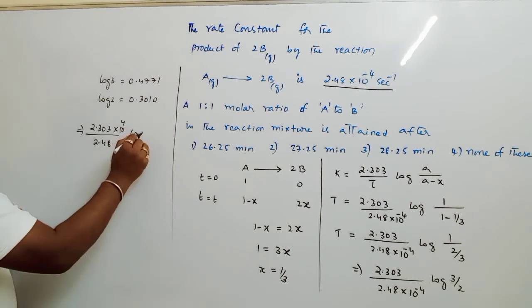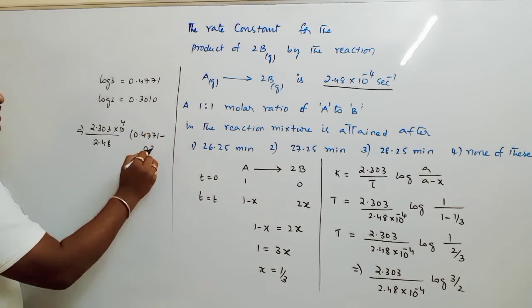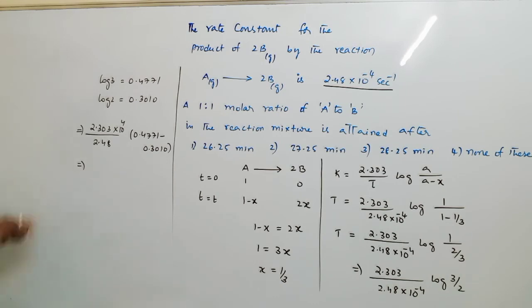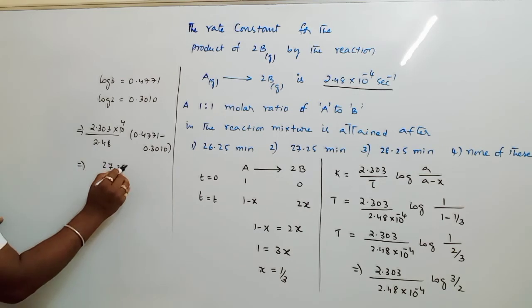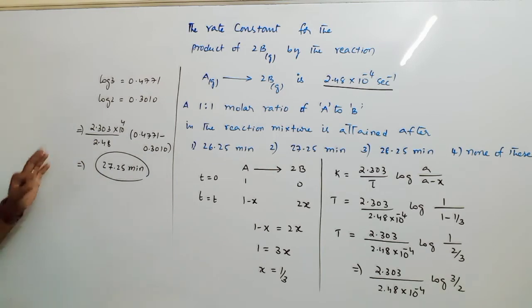It can be solved as 0.4771 minus 0.3010. By solving this, you will get 27.25 minutes.